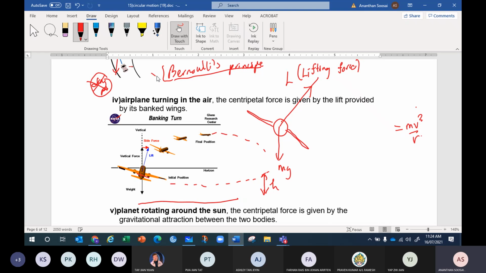I don't think so. If you want, you can go to YouTube and type in Bernoulli's principle. They'll explain how a lift force is created for a plane. Because the speed of air traveling on top of the wing and the bottom is different, it creates a force upwards. It's called lifting force. I don't want to go in depth about Bernoulli's principle.